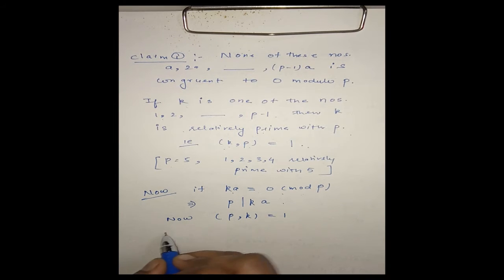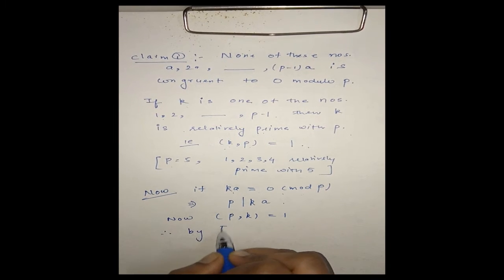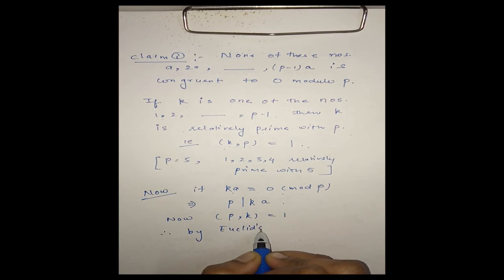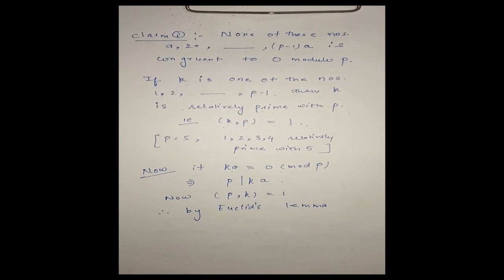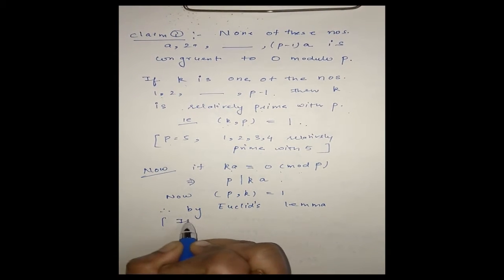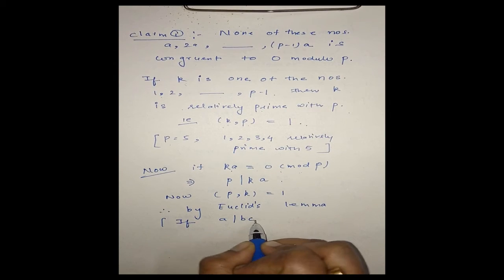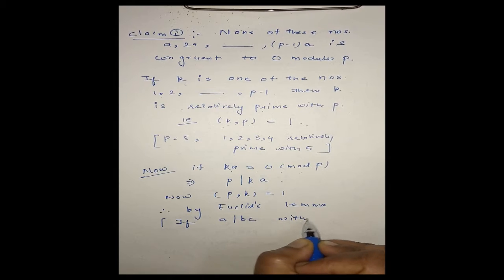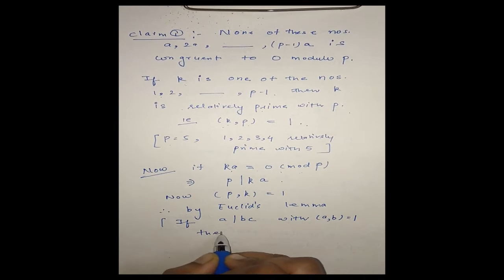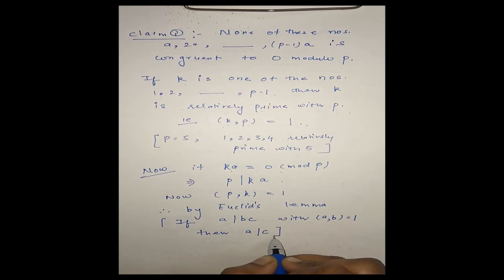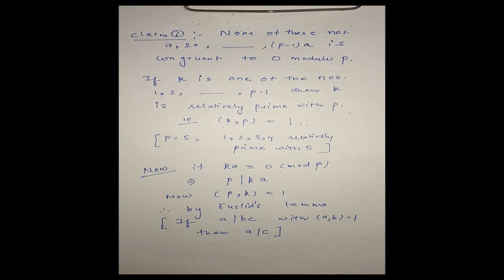Therefore, by Euclid's lemma: if A divides BC with GCD of A and B equal to 1, then A divides C. This is Euclid's lemma.